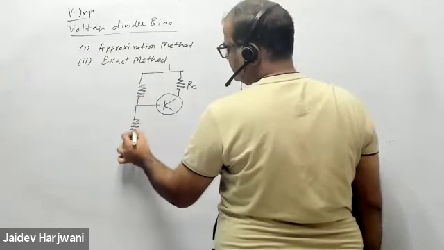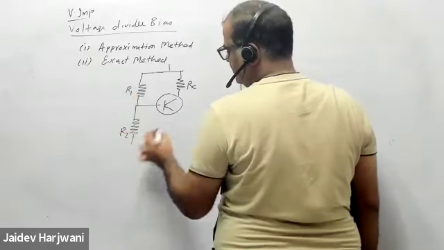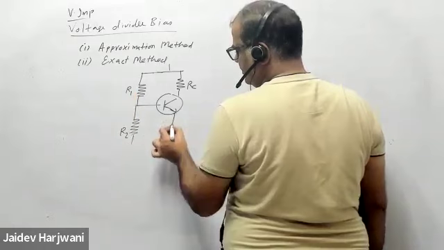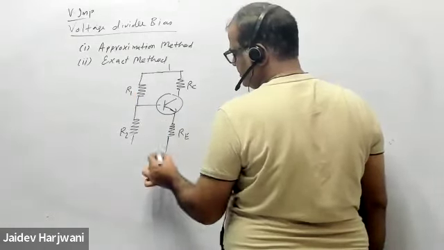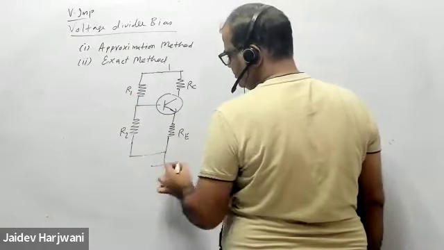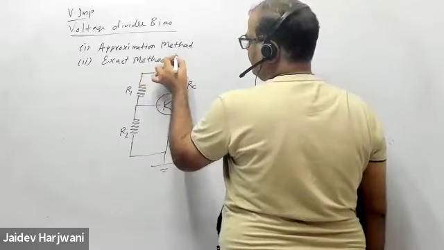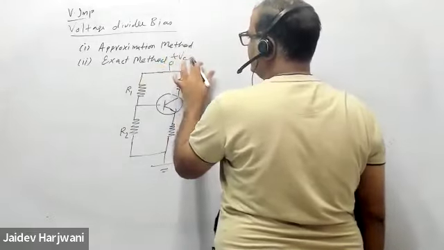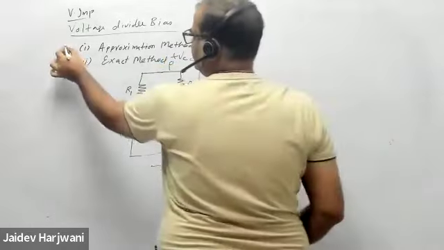You have two resistances, R1, R2, and here you have RE. And this is your ground, and here you have a power supply VCC. So first I'm going to discuss the approximation method.